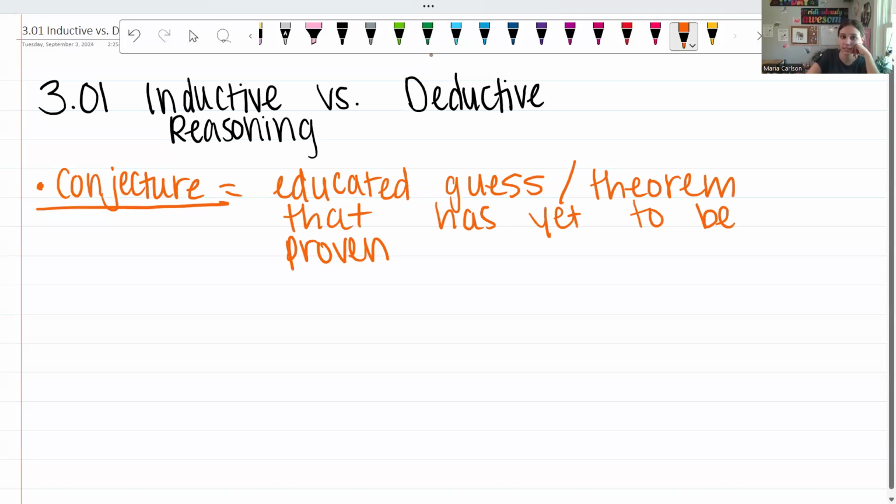Your educated guess or your theorem that is yet to be proven, that is your conjecture. So how do we prove a conjecture? Well, we use different types of reasoning.